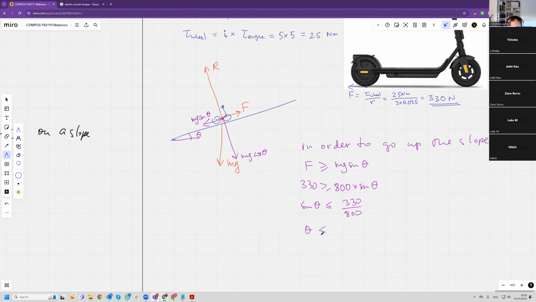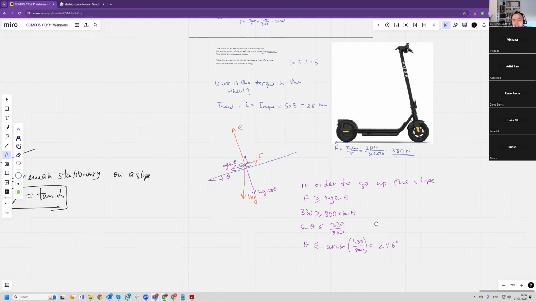So theta has to be less than or equal to the inverse sine of 330 divided by 800, and the answer is 24.6 degrees. That's very impressive for an electric scooter. I'd be surprised if an electric scooter can go up a slope like that, but it's a reasonable thing.